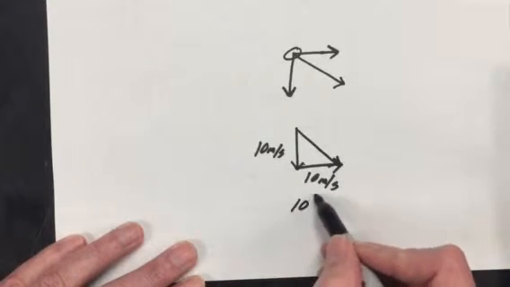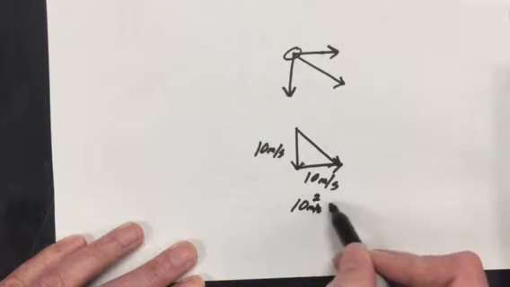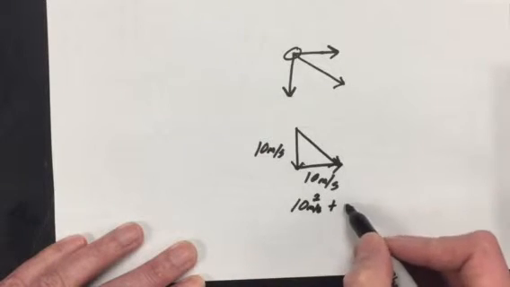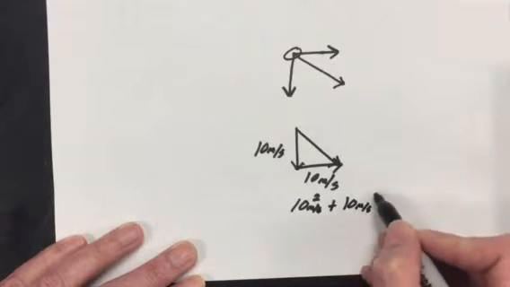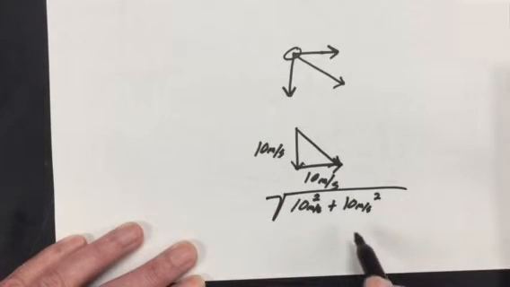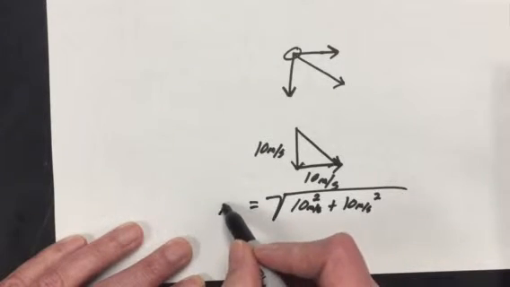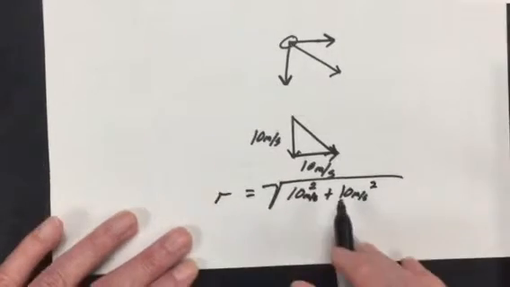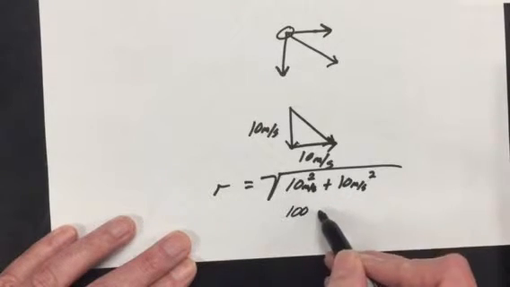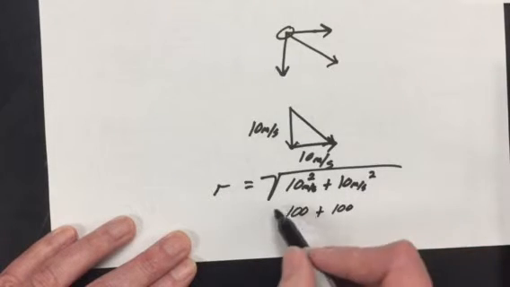So we're going to say 10 meters per second squared, because we're going to square it because of the Pythagorean theorem, plus 10 meters per second squared, and we're going to take the square root of that, and that's going to give us our hypotenuse. So we'll just call it R. All right. So 10 times 10 is going to be 100 plus 100, because that's 10 times 10 as well.